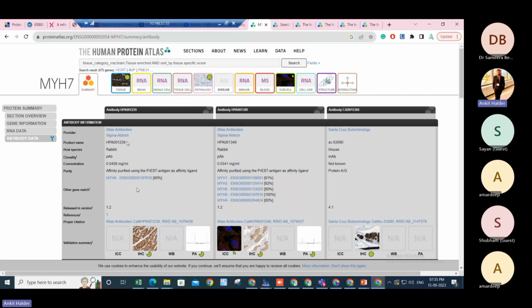You will get it from the company that you were looking at in Antibodypedia, and then the Atlas Antibody center group, so you can find it accordingly.